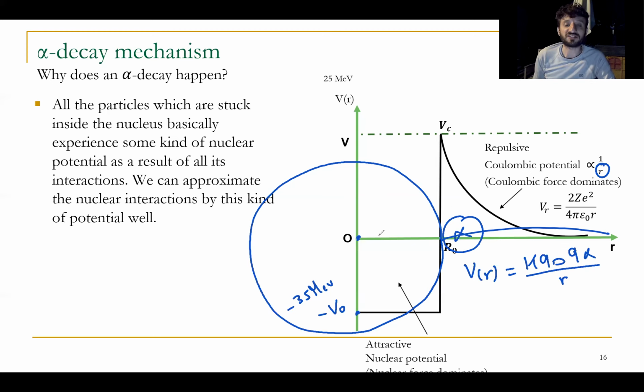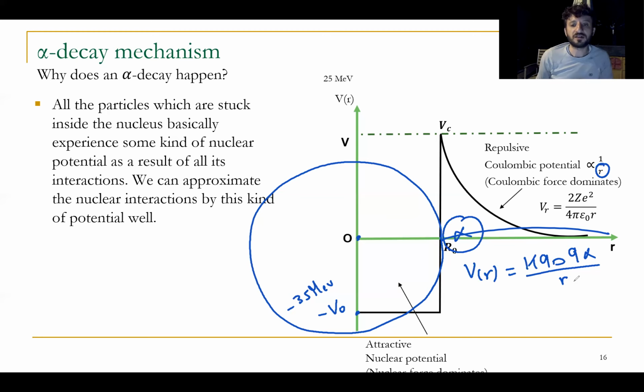Between them we have a repulsive force, so we have the domination of the repulsive Coulombic potential.